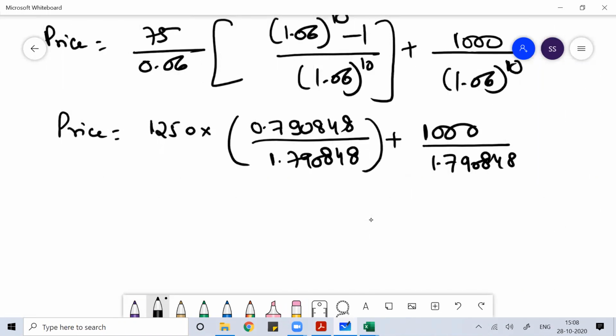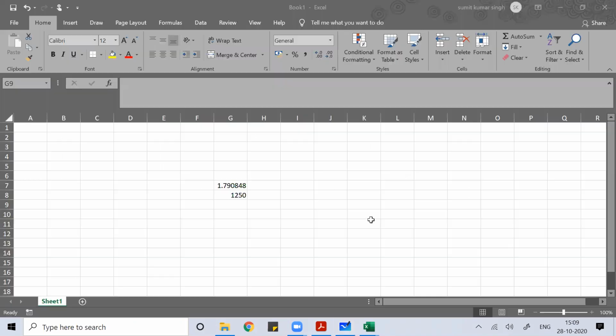Now it's very easy, you can find the price of the bond.